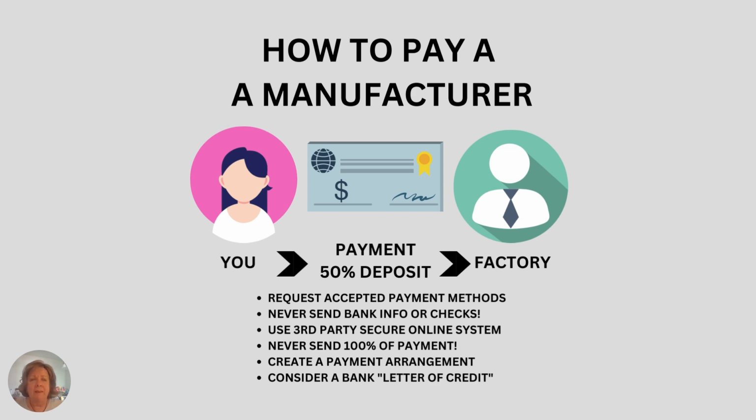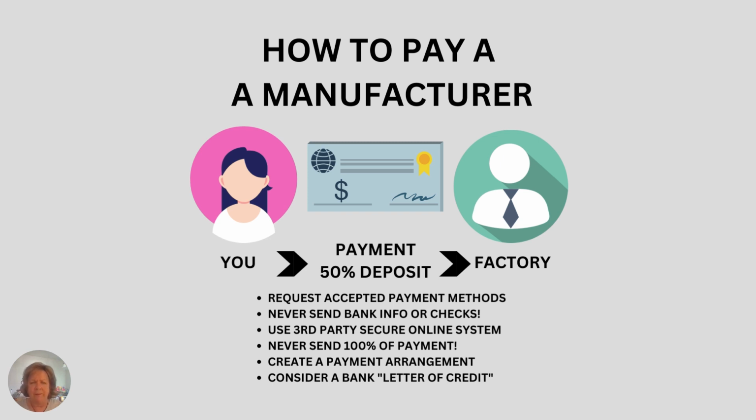But please, please, please, never give 100%. Ever. It's like hiring a painter or even a house builder. You may never see that deposit again if you give them 100% upfront. So protect yourself and make sure that you're following these guidelines as you move forward.